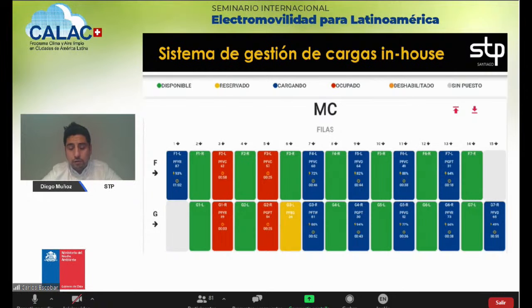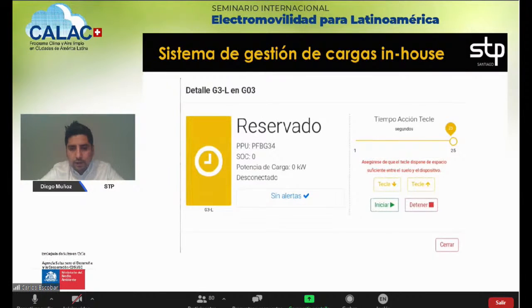In red, it means that the charging spot is busy, and in blue there is a bus that is charging, and you can see the percentage of charge and how long it has been charging. In yellow, that's standby. Basically, a person said that they were going to use it, and in the system they generated a booking for a specific bus.